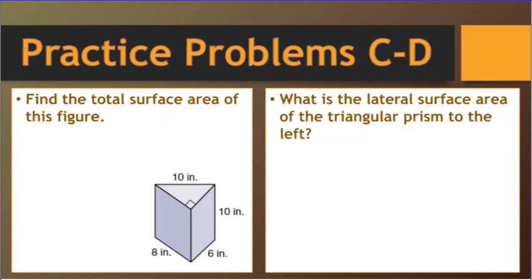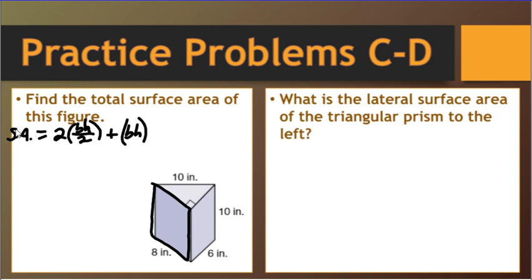Next problem, we got another triangular prism here, to find the total surface area. So the surface area of the triangular prism would be 2 times base times the height divided by 2, because we have 2 triangles, plus we have this rectangular piece, so that is base times the height, or let's use length times width.